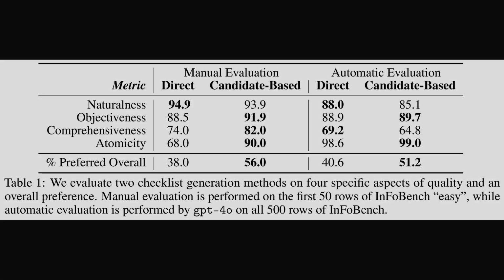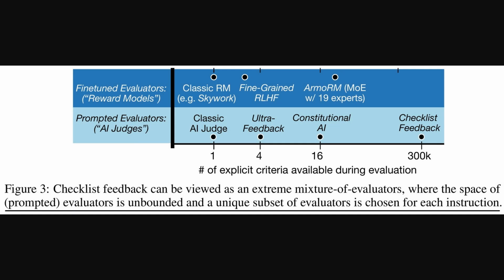Okay, so this next figure provides a great conceptual map of where this new method fits in. It compares different ways of evaluating model responses. You have fine-tuned evaluators, also known as reward models, and prompted evaluators, which are basically AI judges. The key difference is along the bottom, the number of explicit criteria they use.